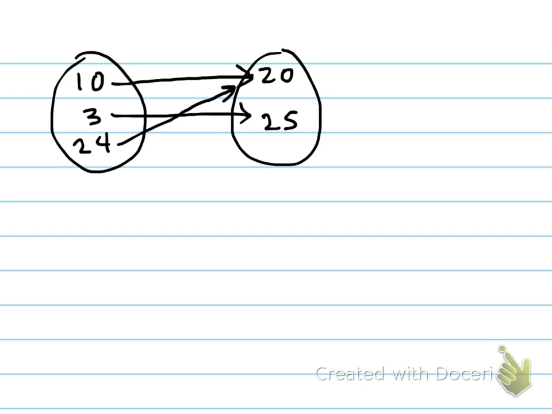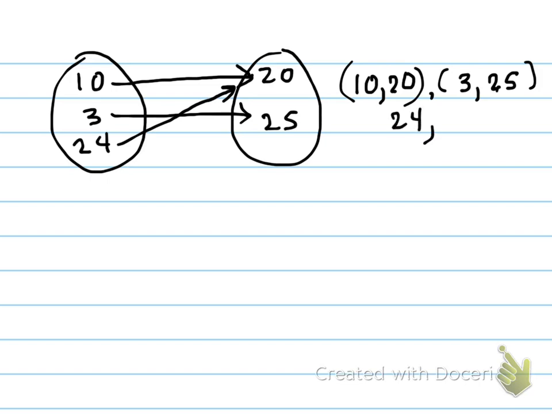But remember, these are just ordered pairs, so let's just write them as ordered pairs so you can really see that this is indeed a function. 10 goes to 20, so that's the ordered pair 10, 20. Okay, 3 goes to 25, so that's the ordered pair 3, 25. And then 24 goes to 20, so that's the ordered pair 24, 20.